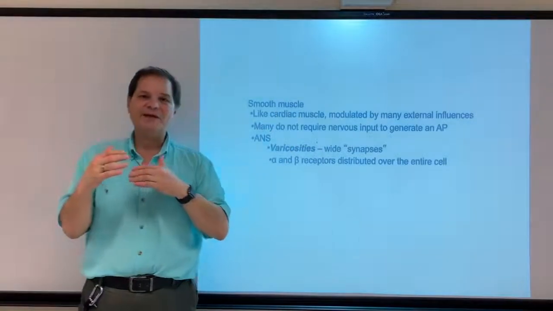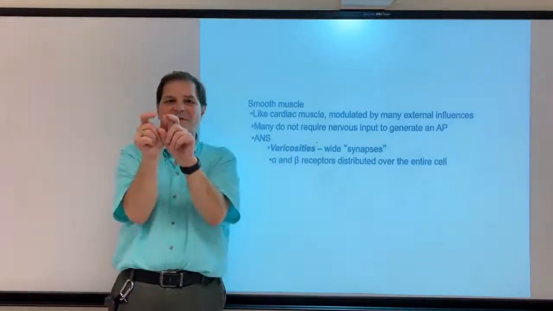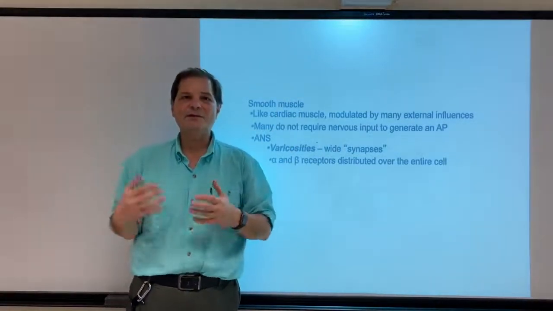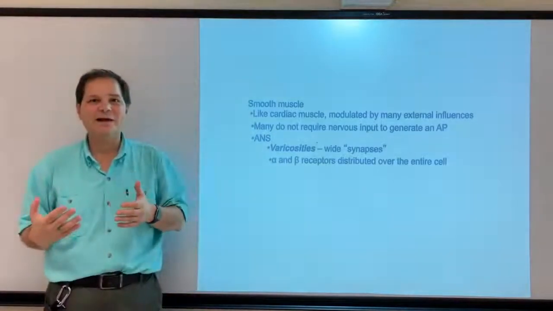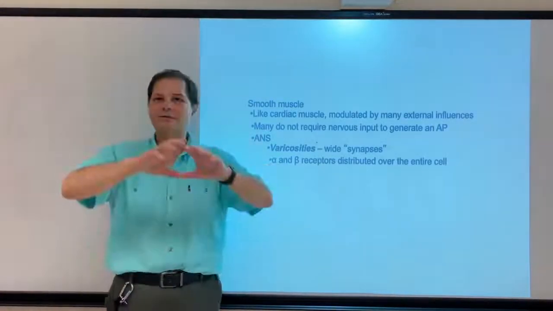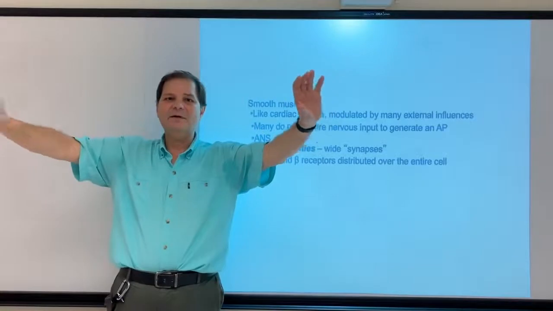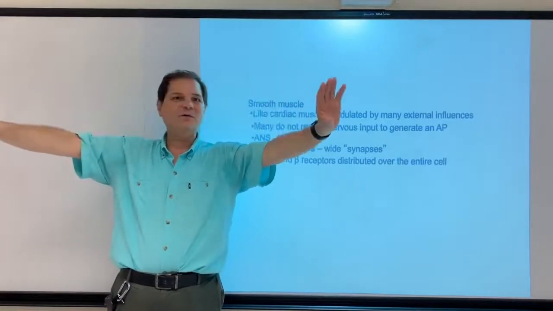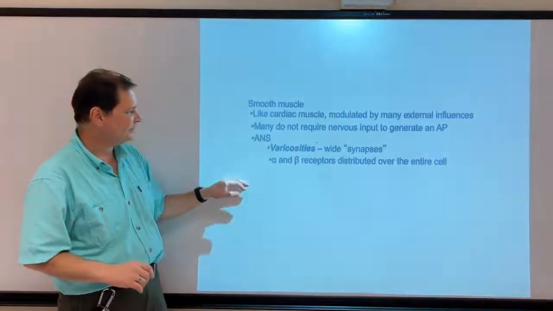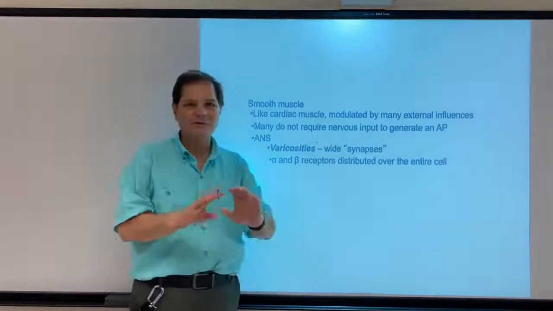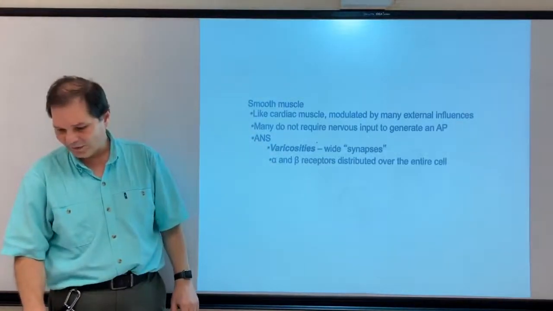In a normal synapse, you just have receptors in the area of the synapse, and the neurotransmitter never really gets out of the synapse all that much. These are designed to allow the neurotransmitter to spread out over the entire surface of the membrane and bind the receptors that are distributed over the entire cell.